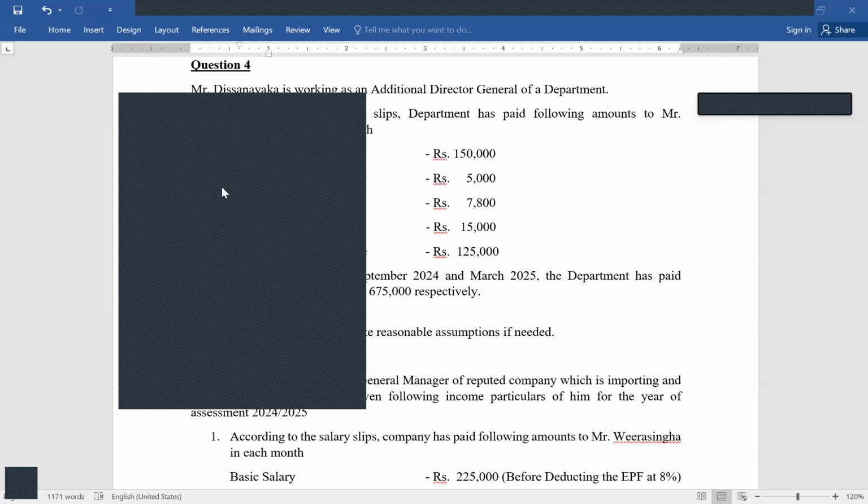Sometimes very high-position officers are receiving vehicles after hiring. Their rental value is very huge, sometimes over 1 million. But when we are considering the liability, if we consider that high amount as a benefit, sometimes that employee cannot pay taxes for that benefit.